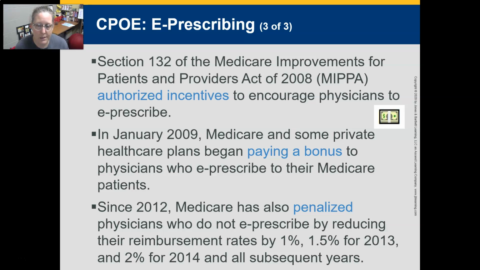Since 2012, Medicare has also penalized physicians who do not e-prescribe by reducing their reimbursement rates by 1%, then 1.5%. That was for 2013, and then 2% for 2014 and all subsequent years. So they keep diminishing their reimbursement rates if they don't use e-prescription.